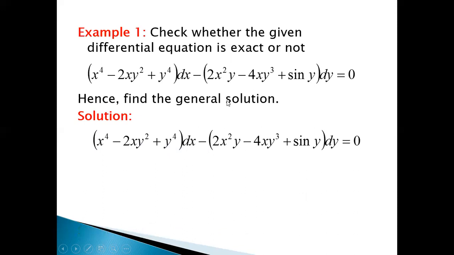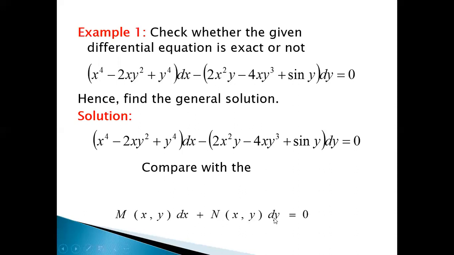So for the solution, let's start with the given differential equation. We have to compare our given differential equation with M dx plus N dy equal to 0. So what is our M? M is the multiple of dx. So the multiple of dx is our first bracket, that is x raised to 4 minus 2xy square plus y raised to 4.